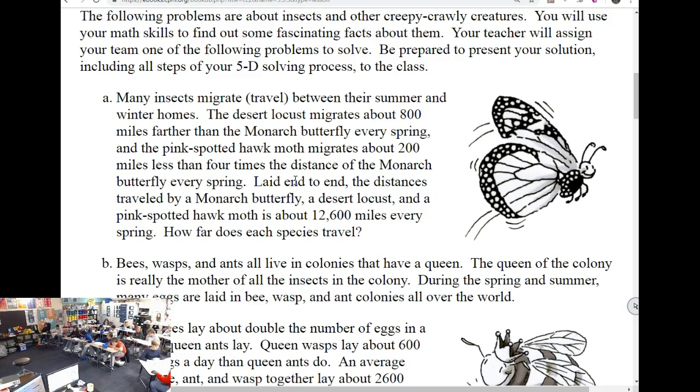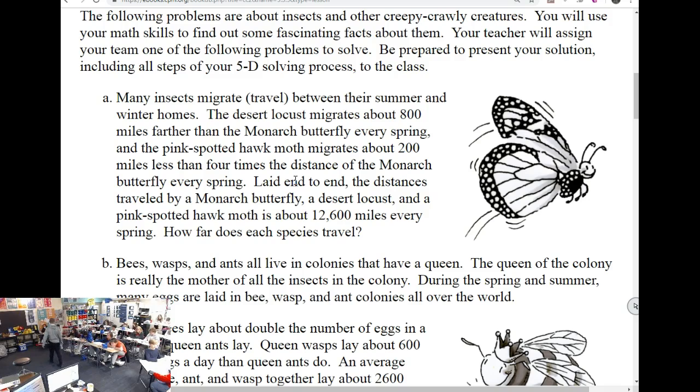Many insects migrate. Between their summer desert locusts. Desert locusts migrate about 800 miles farther than the monarch butterfly every spring.